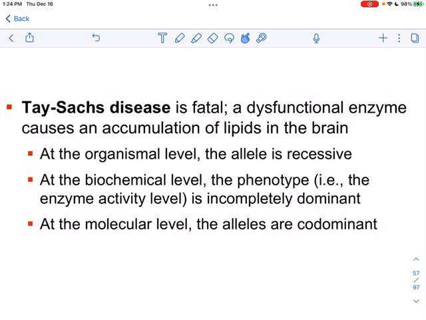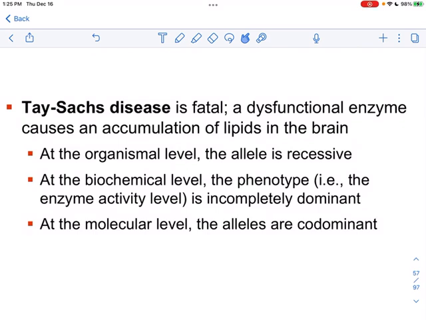But if we look at the biochemical level, right, the level of the phenotype, it's then incompletely dominant because the dominant gene does actually make functional enzyme, but not as much as what is made in the homozygote, right? Because we only have one gene copy instead of two gene copies that are making those enzymes.